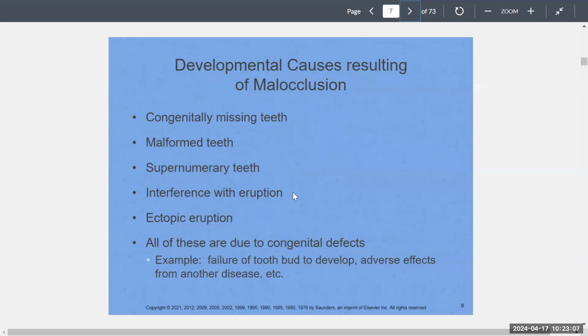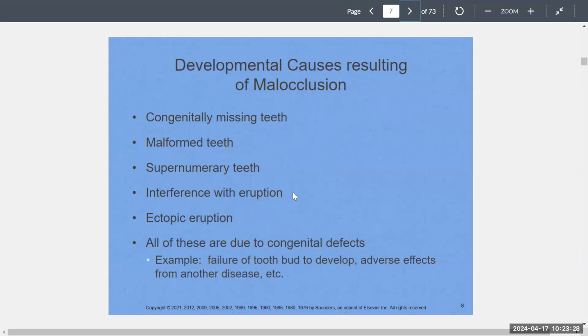And unfortunately, the permanent tooth below in the jaw was unable to erupt. So there's an interference with eruption. And then there's also ectopic eruption. A tooth has now erupted in an area where it wasn't supposed to, due to who knows what cause, like jutting out alongside the palate, for example.